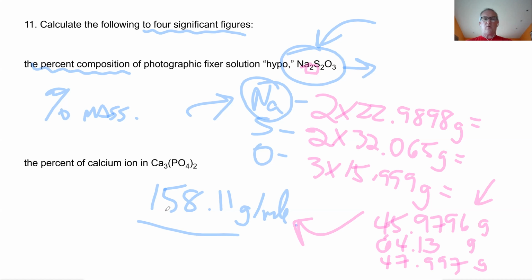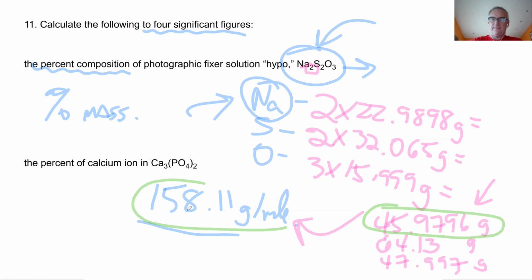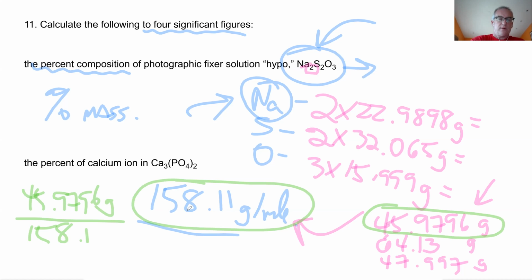Now, how do we figure out what the percent composition is for each one? I'll just start with sodium. Will we just divide the grams of sodium by the total grams of the molecule? Yep. So that would be 45.9796 grams divided by 158.11 grams.